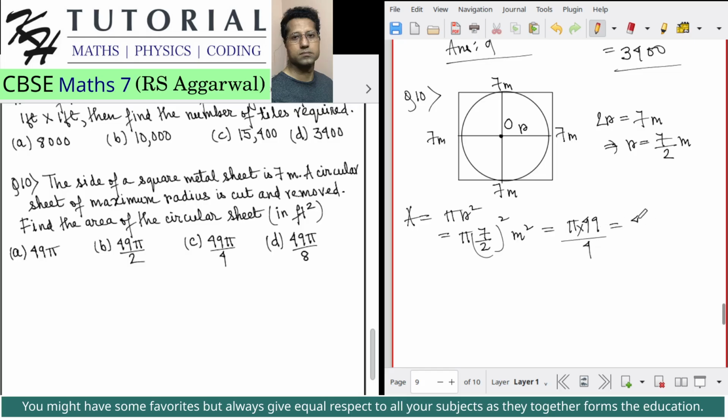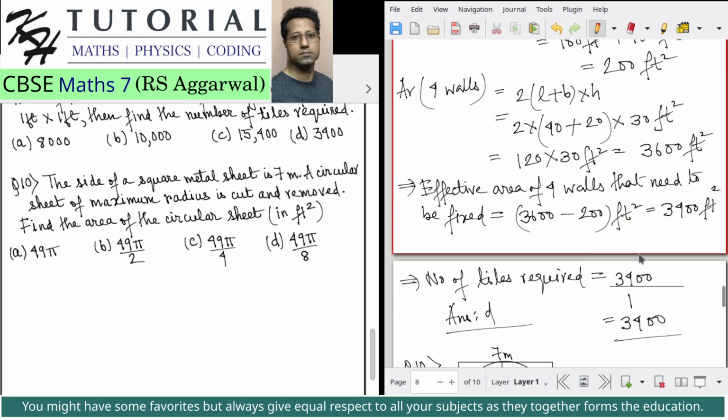So this is equal to 49 by 4 pi, and this is in meter square, but I don't know why the question has asked to find the area of the circular sheet in feet square. I think there is a problem in the question. It should be in meter square. So the area of the circular sheet is 49 pi by 4 meter square, and hence the correct choice should be C. C is the correct choice.